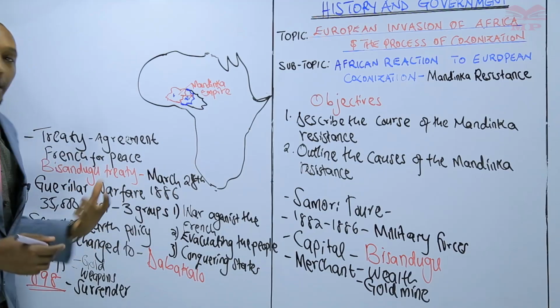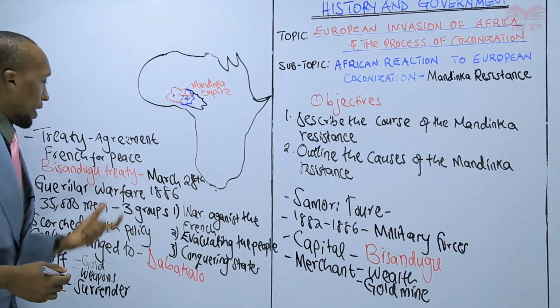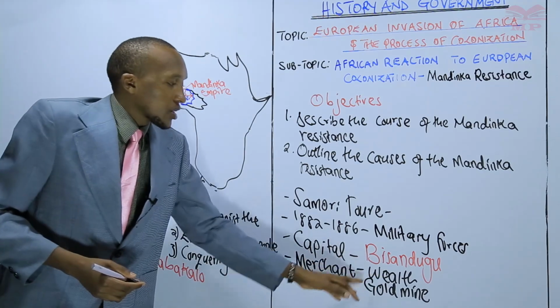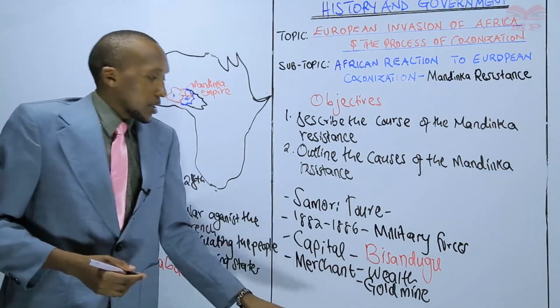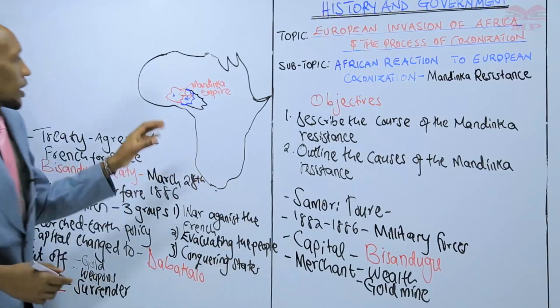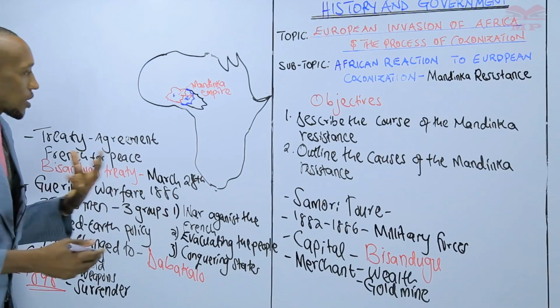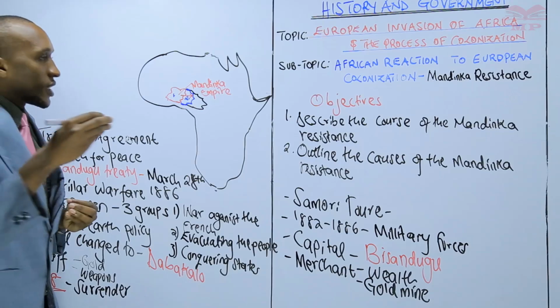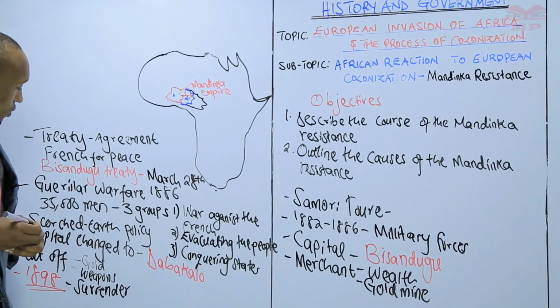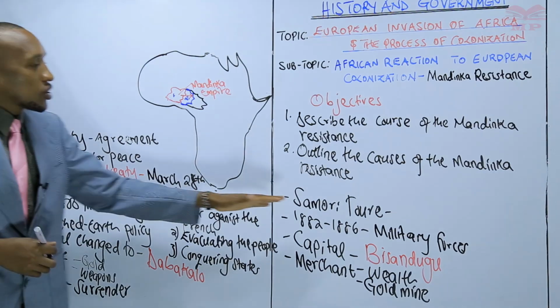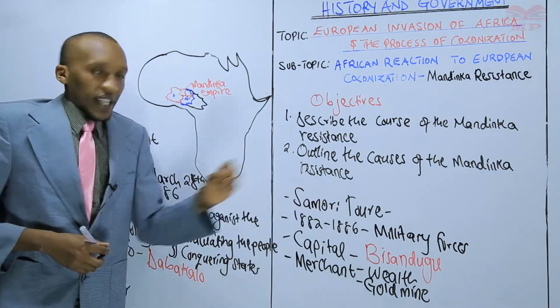The army needed food. The army needed weapons. And now he has been cut away from his source of wealth, the gold mine, the trade routes that he had controlled at that time, together with other reasons that we are going to discuss in our coming lessons. So in 1898, Samori Ture decided to surrender.